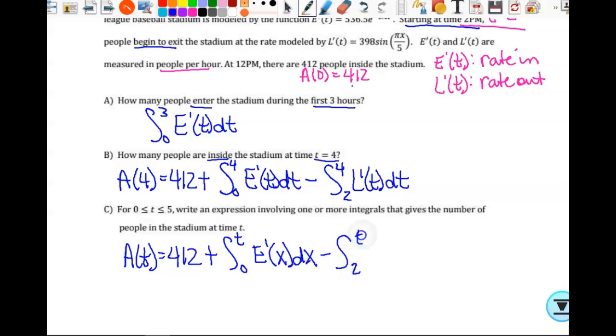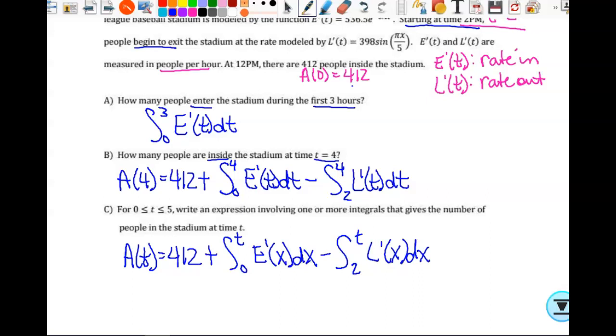Go to t, and then that's L prime of x dx. Okay. That's when you kind of go back in time. It works. We good with that? Okay. What other questions you got?